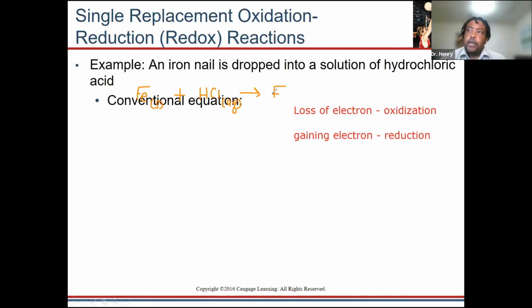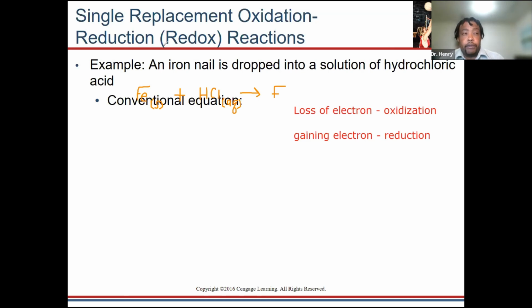Okay, so we know that iron is a transitional metal. So when you replace one metal for another metal, and it's a transitional metal, or you're replacing a transitional metal for hydrogen, typically the charge on that metal is going to be a +2 charge. If it's a transitional metal, okay?